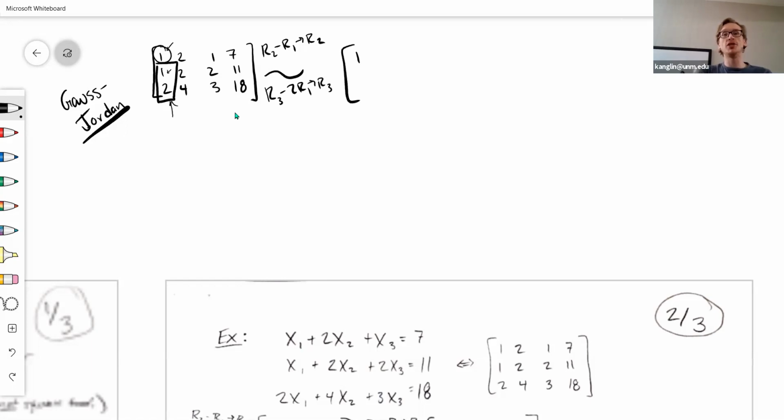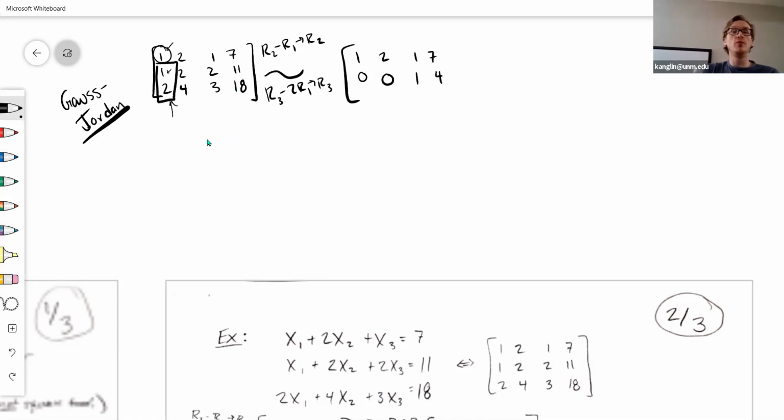So what do I get? I'm not changing the first row. The second row becomes 0 here, right? We're just subtracting second row minus first row. So 1 minus 1 is 0. 2 minus 2 is another 0 here. 2 minus 1 is 1, and 11 minus 7 is 4.